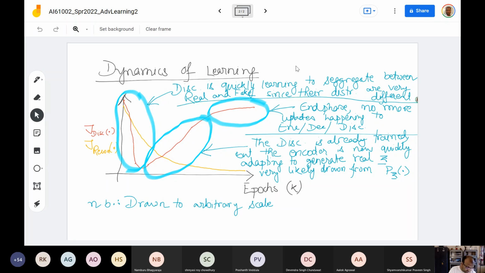So typically these would be the three phases in which you would see adversarial learning working out. Now, it does not mean that it will always be this well-defined. In some cases you might see it come down, then go up, then down, then up.